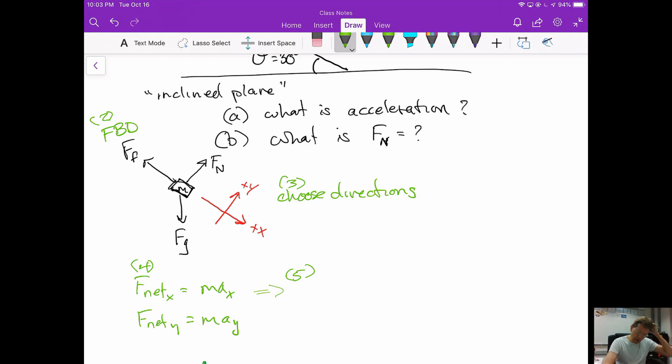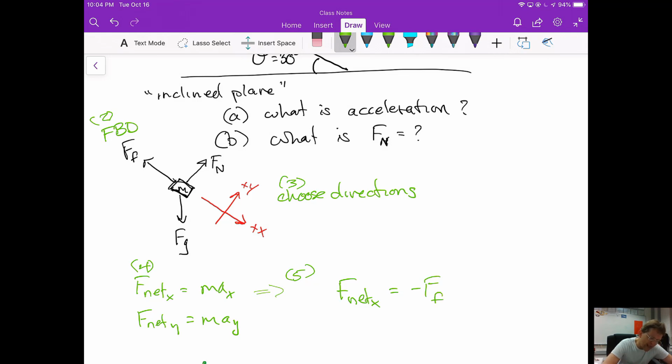Okay, so now we may have to take some components. So we're identifying F net x, right? Which of the forces have an x component? Look carefully at your free body diagram and your axes and ask which of the forces have an x component. Fn is in the y direction. Ff is in the minus x direction, so minus Ff.